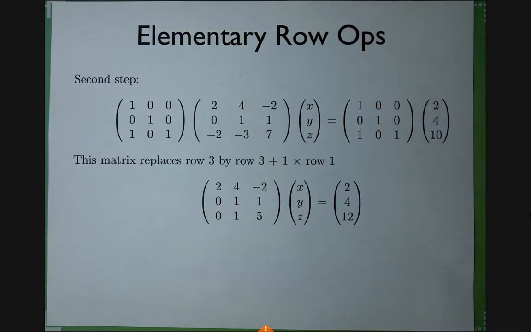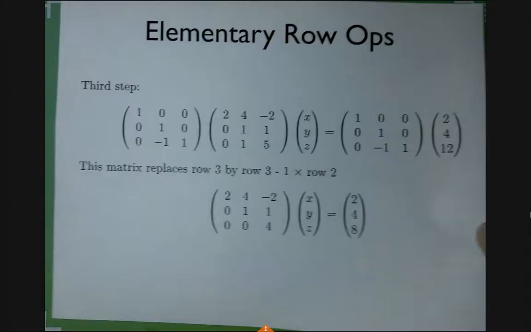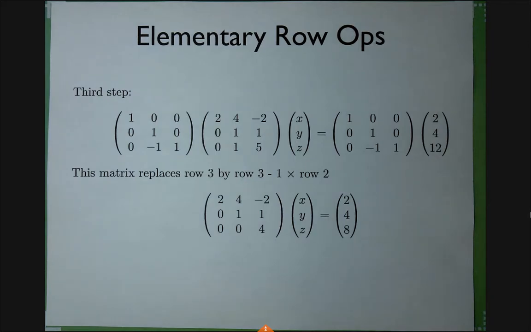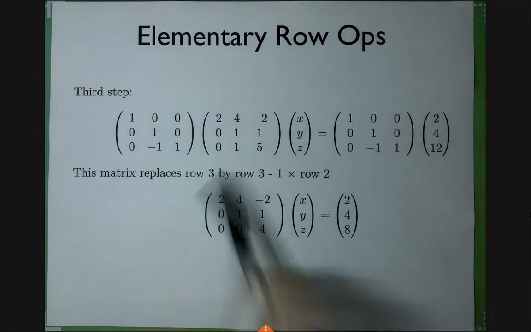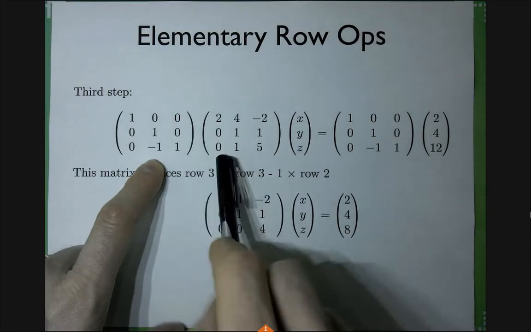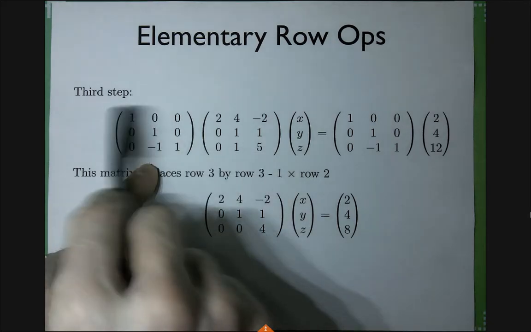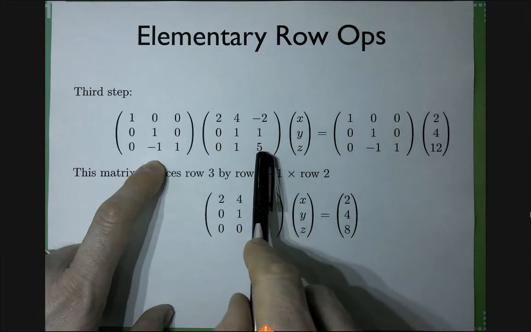So here is the last step of Gaussian elimination on this example. Look again, the key is this matrix, which is applied. This is the same matrix applied both on the left-hand side and on the right-hand side. This thing again lets through the first row, lets through the second row, and what happens to the third row?